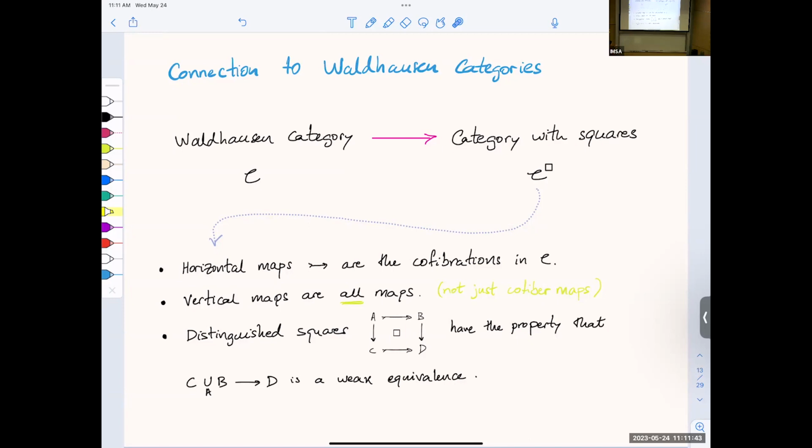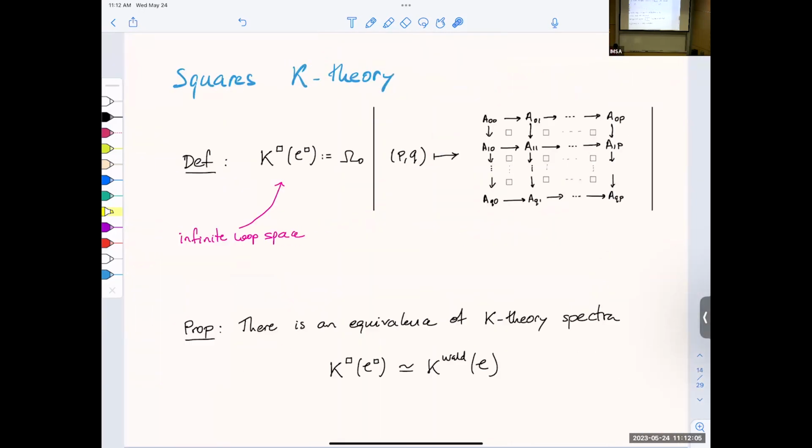And of course, the distinguished squares have the property that if you take the pushout, including B and C via A, that's going to be weakly equivalent to D. So there's this connection with Waldhausen categories. Once you start thinking about K-theory spectra, this connection is very important.